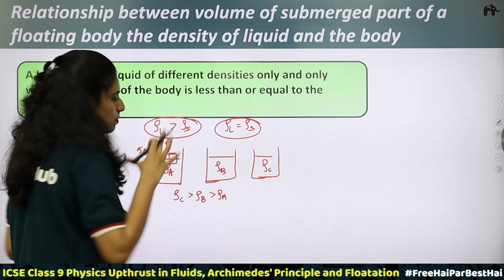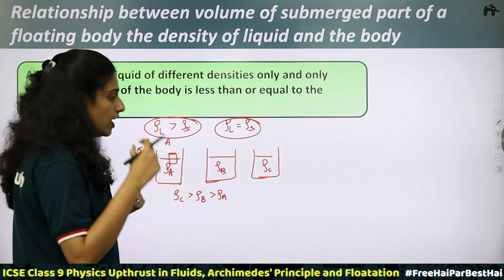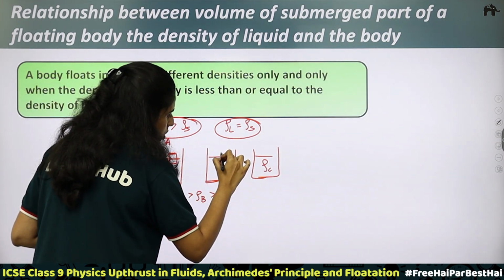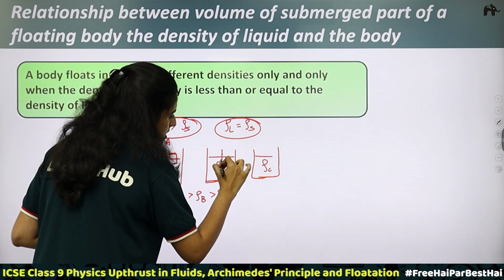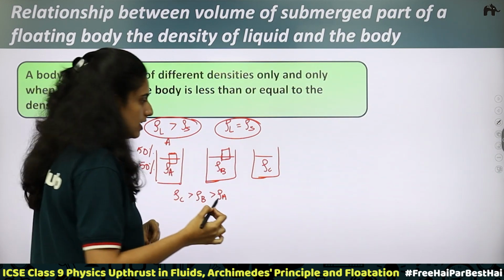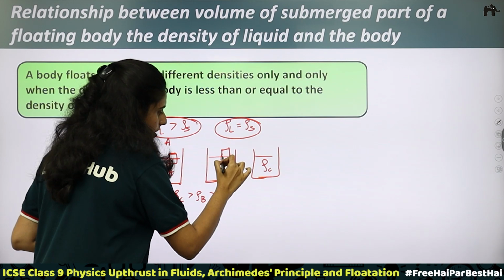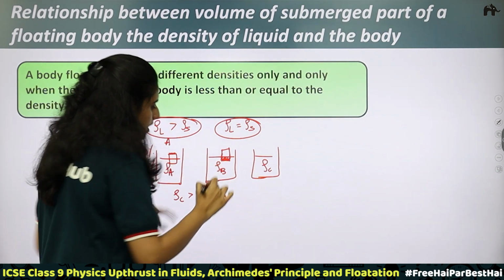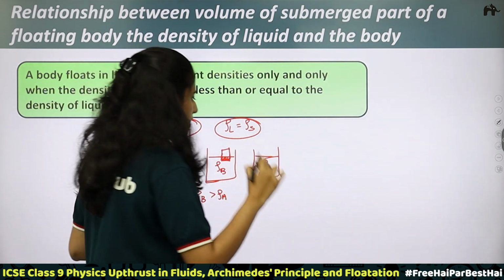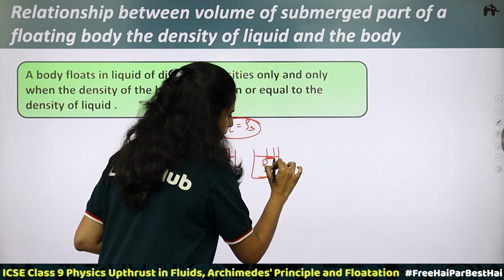Now when it comes to B, what will happen? Here the density of liquid is greater. When the density of the liquid is greater, the portion of the body that is immersed in the liquid will decrease. Only this much portion will be inside the liquid. Now the third case, that is the maximum density liquid. Here only a very little portion of the body will be inside the liquid.